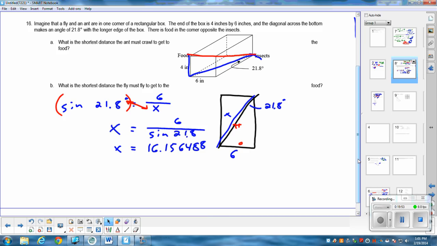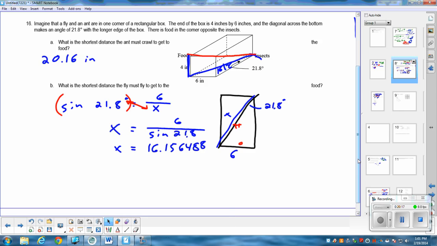So this part of the path is about 16.16 plus the 4 inches from this side here, which means the ant's path is going to be about 20.16 inches long.